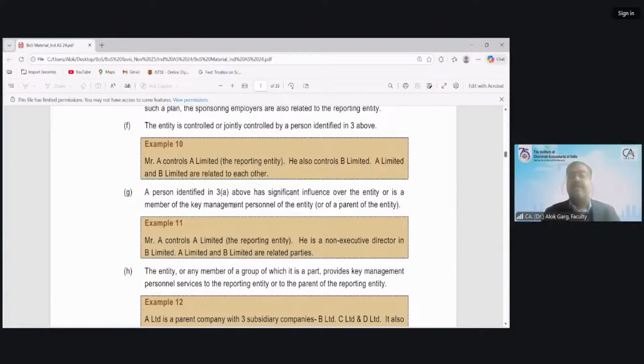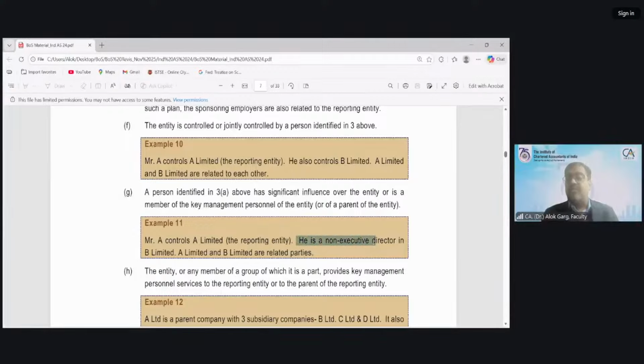So, person identified in 3A above. 3A above means the person who is having control over one entity. A person identified in 3A above has significant influence over the other entity, or is a member of the KMP of the other entity, or a parent of the entity. For example, Mr. A has control over A Limited.